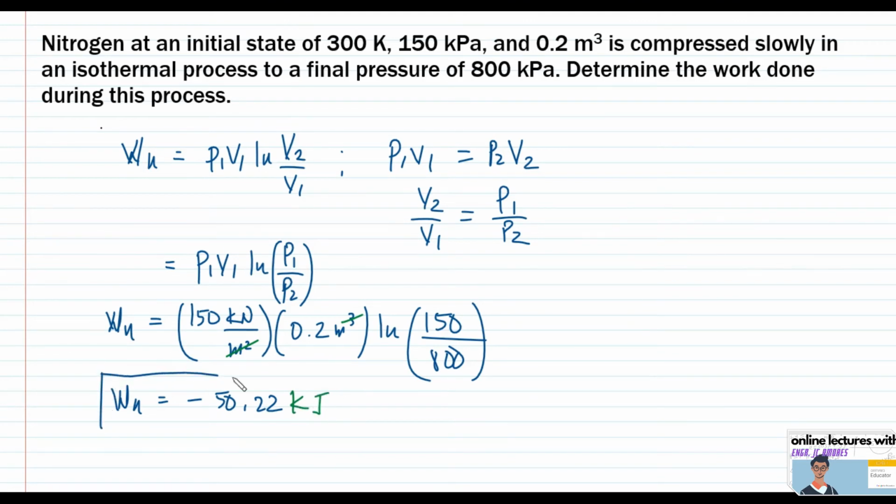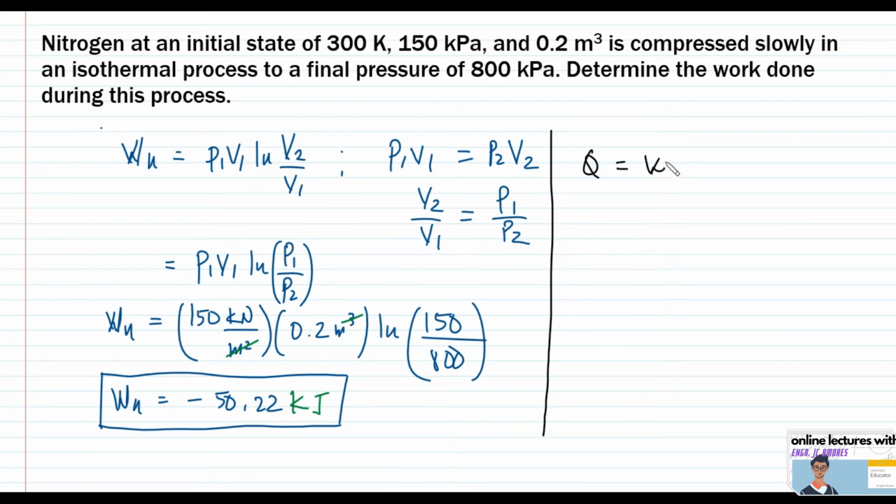Okay, so if the problem would ask you to solve for the heat, the heat would simply be equal to your non-flow work. Remember that Q is equal to non-flow work plus delta U, and delta U in an isothermal process is equal to 0.